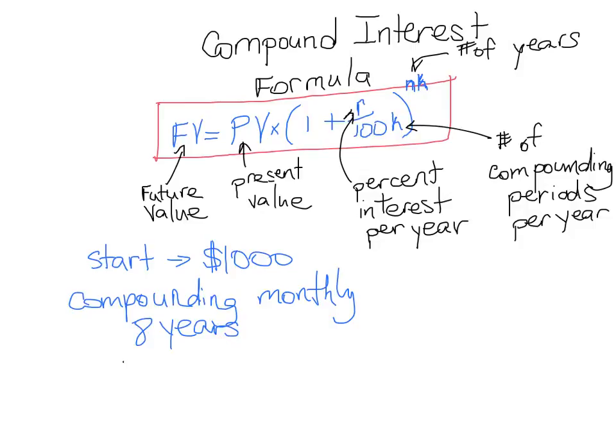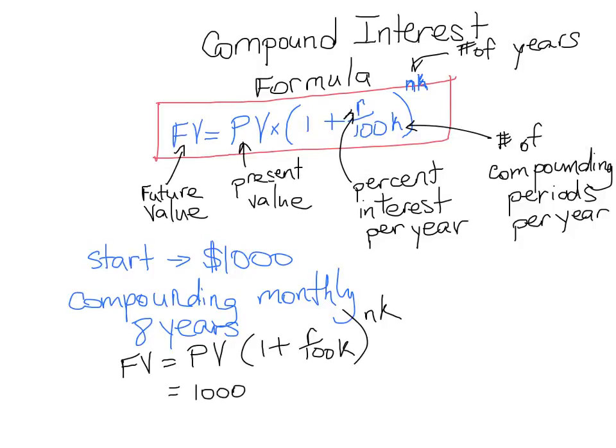So FV, and I'm going to just rewrite the formula here, equals PV times 1 plus R over 100K raised to the NK. We don't know what the future value is. That's what we're trying to find out. The present value, which you have in your pocket at the start, is $1,000. So that goes there.